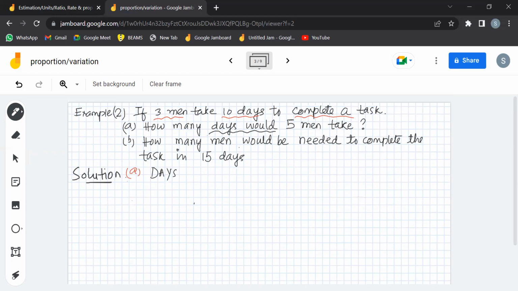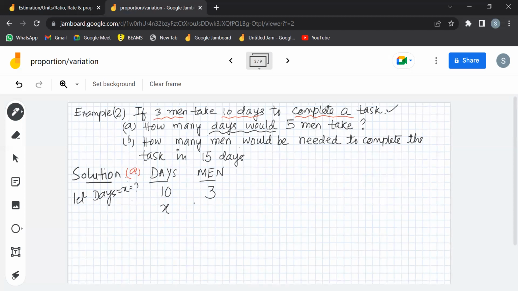Days first and men, the second category. So first you write the given information here: 3 men, 10 days. How many days? Let the number of days be x. The required number of days is x, and this x is the question mark.